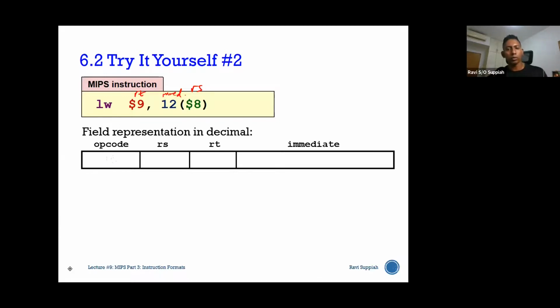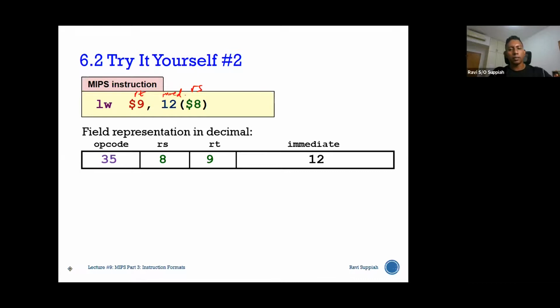You have your opcode, your RS, RT, and your immediate. Again, opcode, we can always look back at the instruction set to know what the opcode is. That part I'll leave it to you to have a look. I've been showing you how to do it. Just look at the instruction set and relate it back to the opcode field that they give.